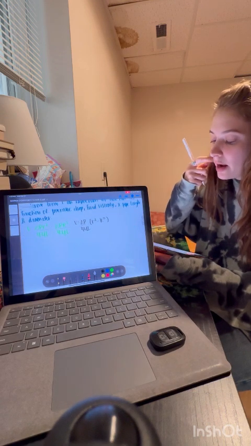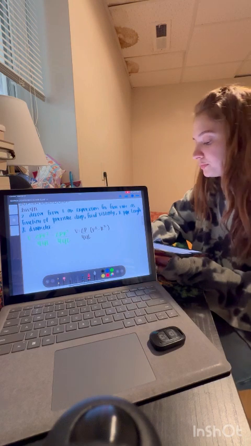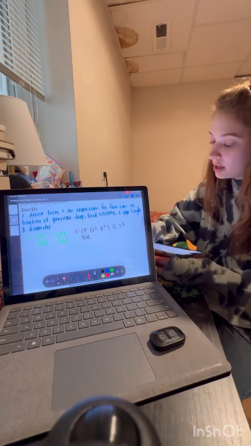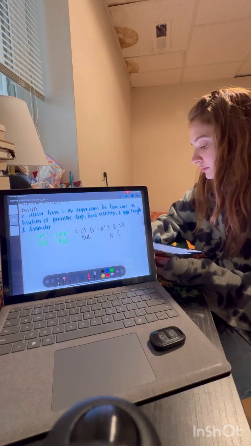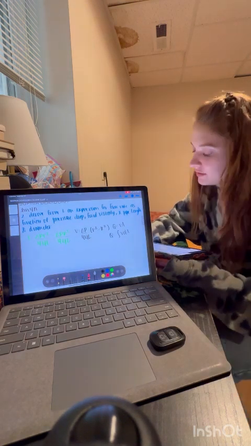Then we want to relate this to flow rate. Flow rate is defined as velocity times area, or velocity integrated with the differential area.